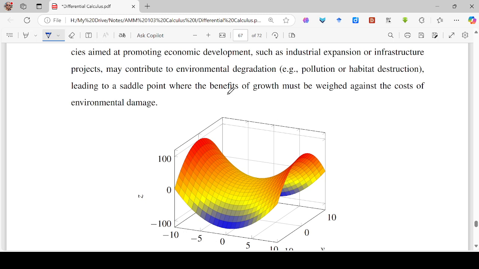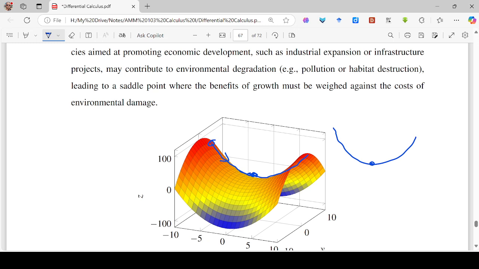Imagine this diagram, and you start from a point here, you move down. By the time you reach this point here, you'll feel like you're passing through the lowest point. Then you climb up. So when you follow this path here, you'll feel like you're moving through the lowest point.